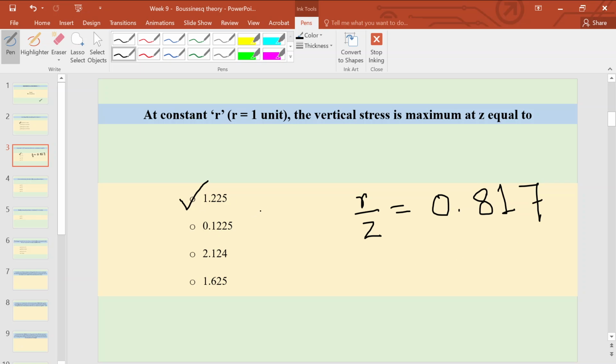Since the first option is the closest one, 1.224, 1.225, it is the correct option. So when R equals 1 for maximum vertical stress, the value of Z will be approximately 1.225 or 1.224 that you have got using this formula.